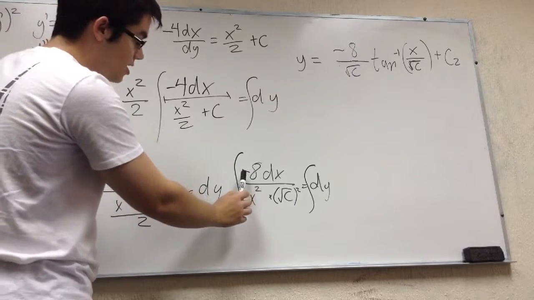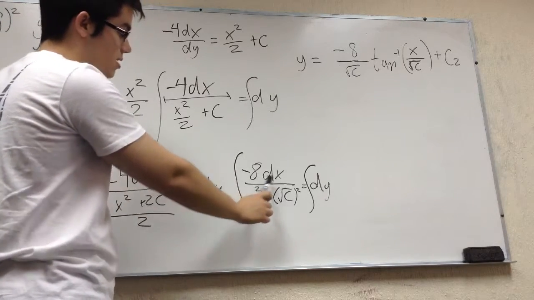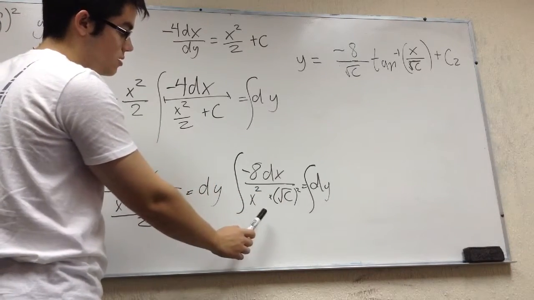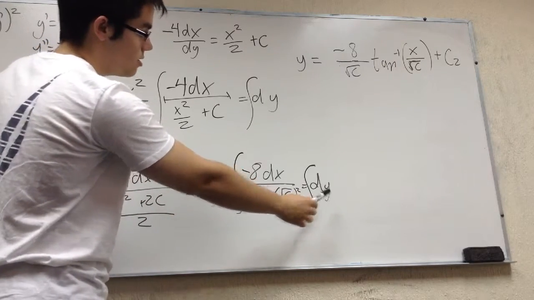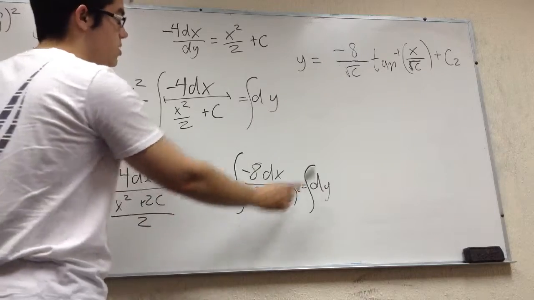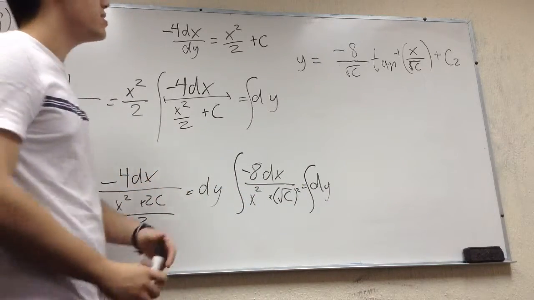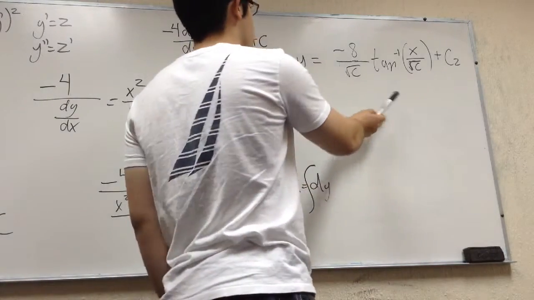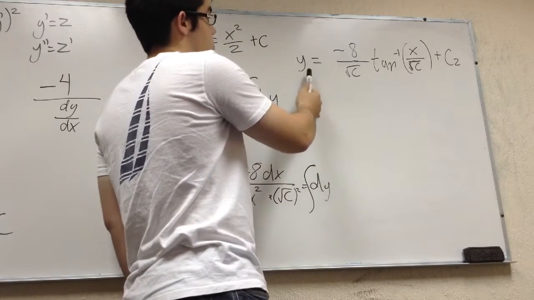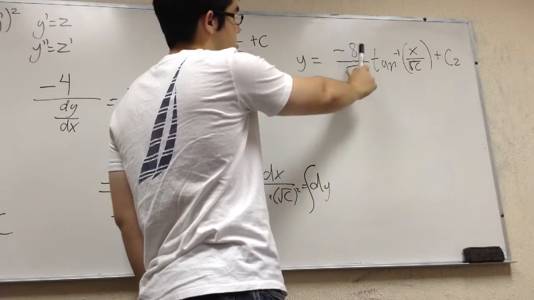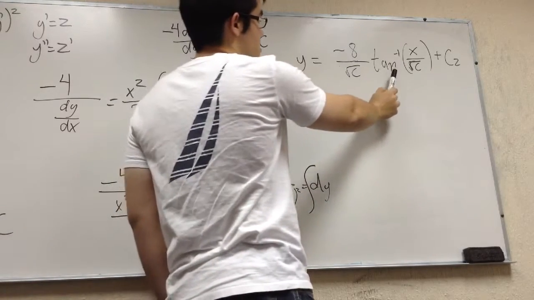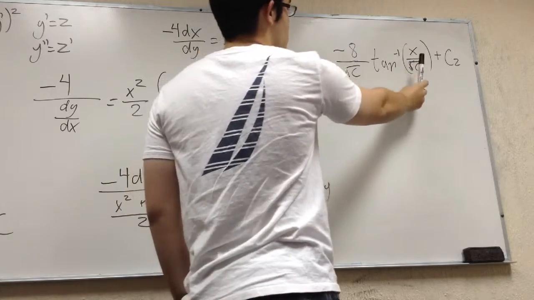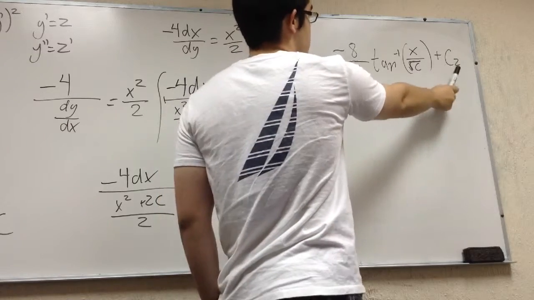And finally we get minus 8 dx over x squared plus c equals dy. We integrate both parts, and we have our general solution, which is y equals minus 8 over the square root of c, inverse tangent of x over the square root of c, plus c2.